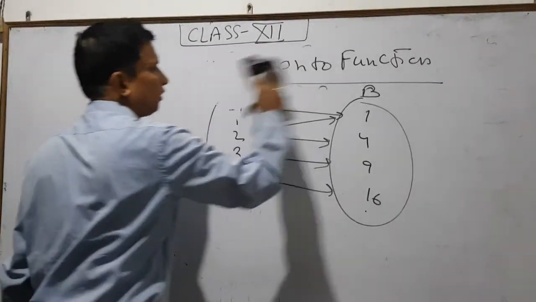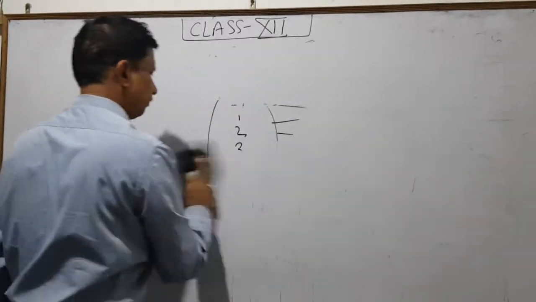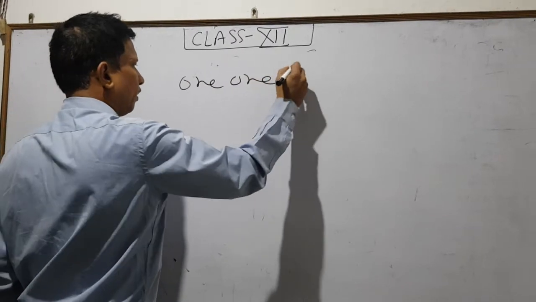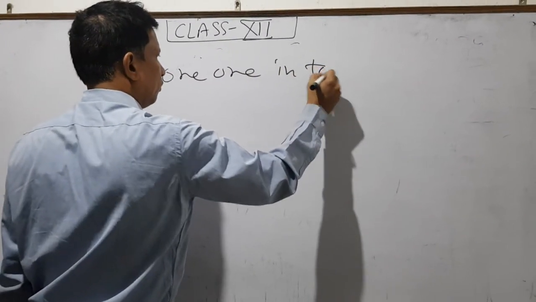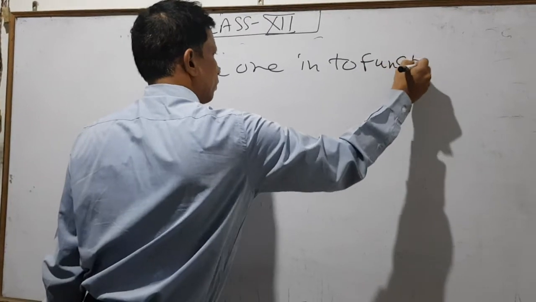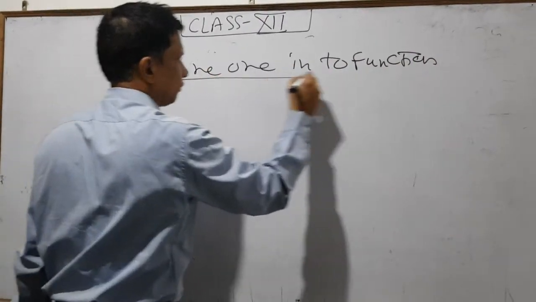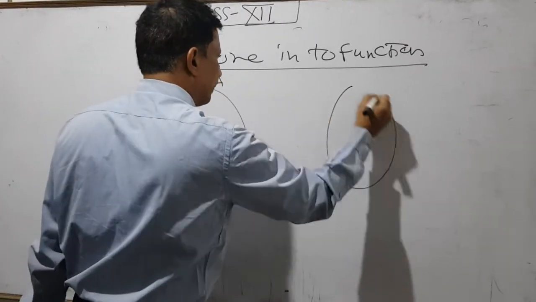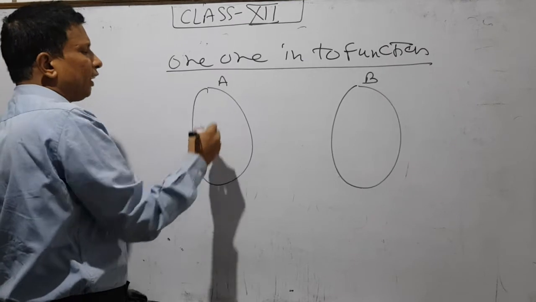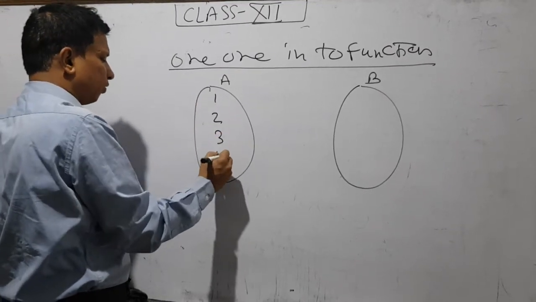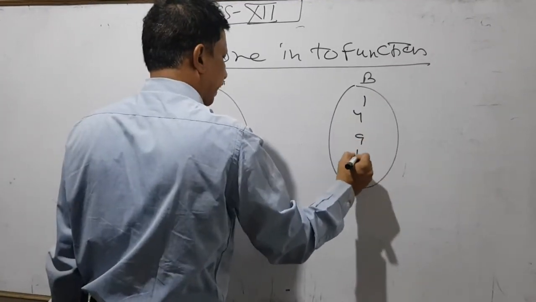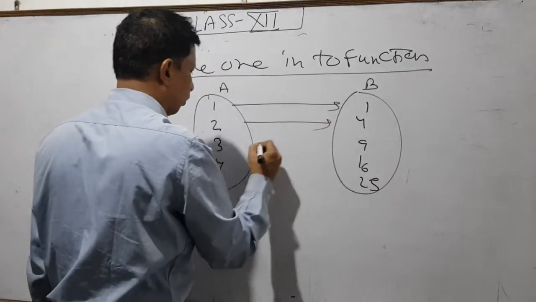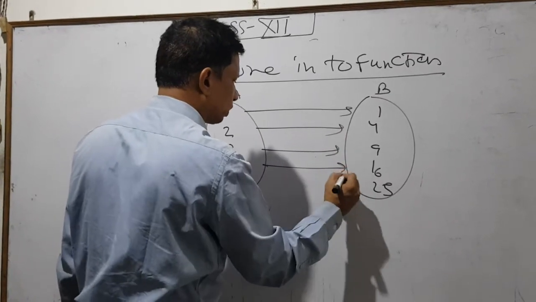Next, one-one into function. This one is the set A, this is B, and the elements of this one are 1, 2, 3, 4 and 1, 4, 9, 16, 25. 1 to 1, 2 to 4, 3 to 9, 4 to 16.